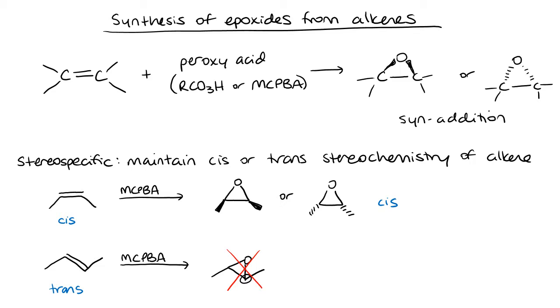Instead, what we're going to do is draw our epoxide, our three-membered ring, and then illustrate the stereochemistry of the two methyl groups by drawing one as a wedge and one as a dash. It doesn't matter which one you do as long as you have one as a wedge and one as a dash. Now this is a chiral molecule, so you would also form its enantiomer. Okay, so we want to maintain our stereochemistry when we're dealing with stereospecific alkenes.